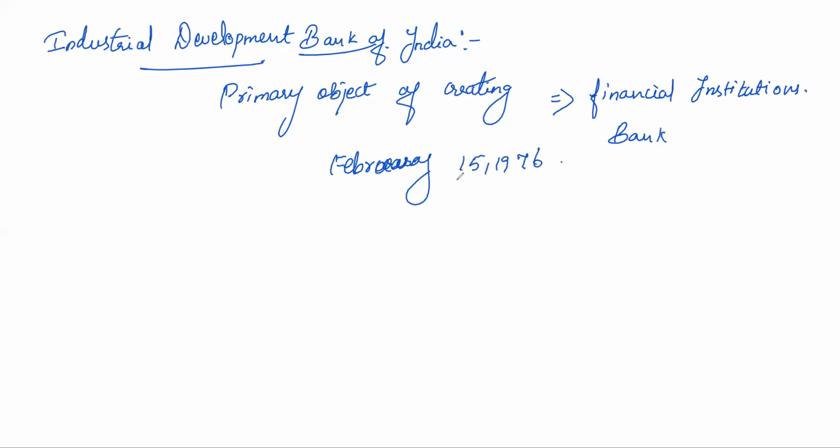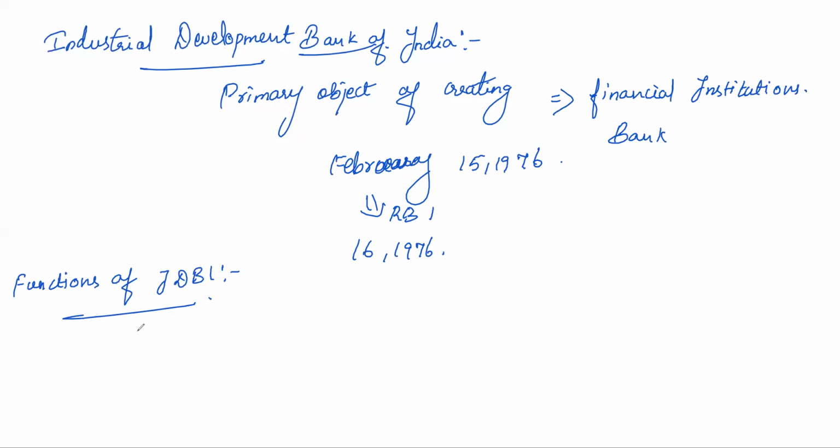Okay, so it was delinked from the RBI from 1976 and made an autonomous corporation fully owned by the government of India. Then the functions of IDBI. The functions of IDBI fall into two groups.